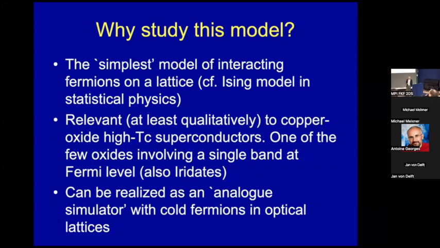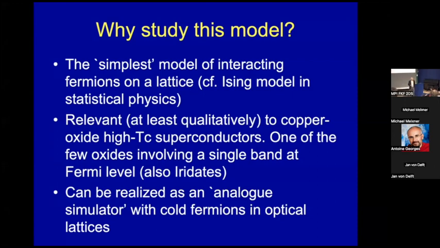It's also important in the context of cold atoms, although fermionic cold atom platforms are still a little hot. I think there is good hope that a new generation of experiments is coming online, which is going to be able to reach the temperature regime where, as you will see, interesting physics comes up.